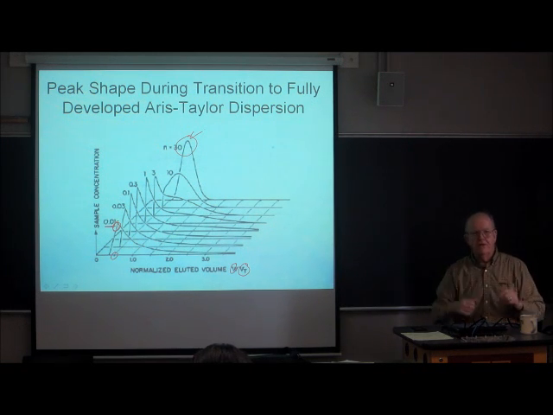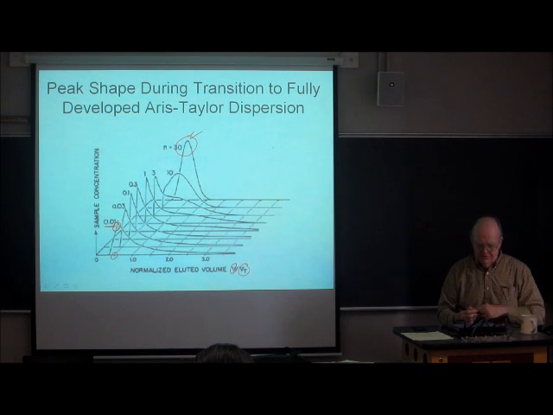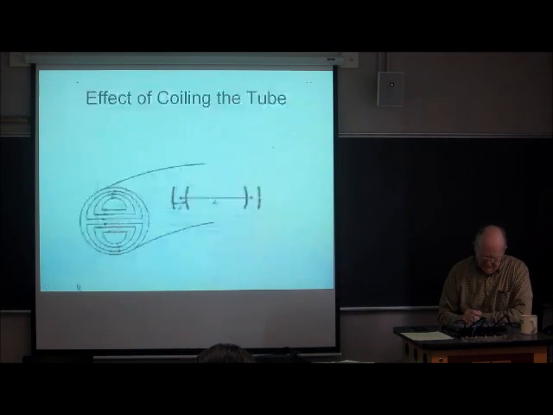But under the flow conditions, because of the parabolic flow and the inverse dependence on diffusion, the lower the diffusion coefficient, the bigger the effect, and the easier it is to measure the number. So it's a very accurate equation in the real world.